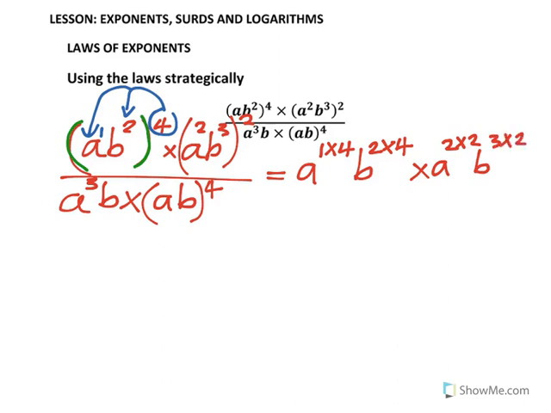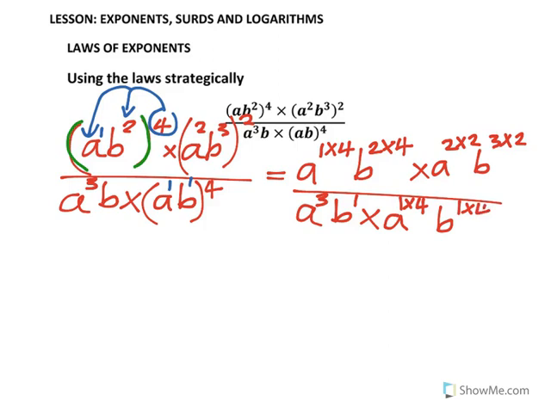using the same method, divided by a to the power 3, b to the power 1. As you can see, b alone there means to the power 1, times, also here there is an invisible 1 for a and b, so it will become a to the power 1 times 4 and b to the power 1 times 4.